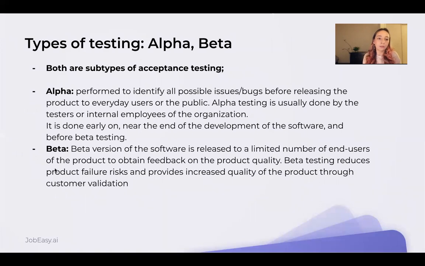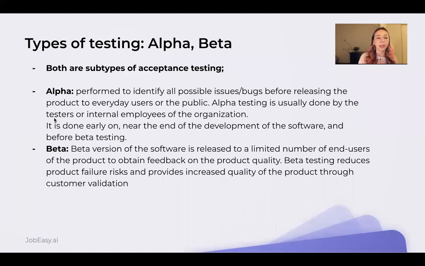And both alpha and beta testing usually require some external testers, and these types are not necessarily performed only by QA engineers. They can also be performed by other users and other audience.